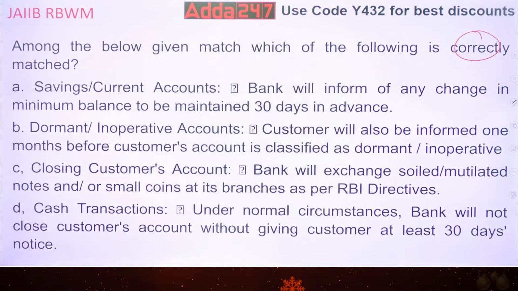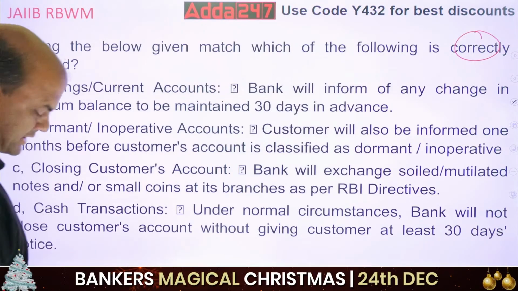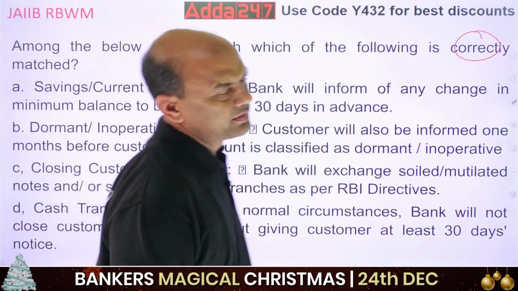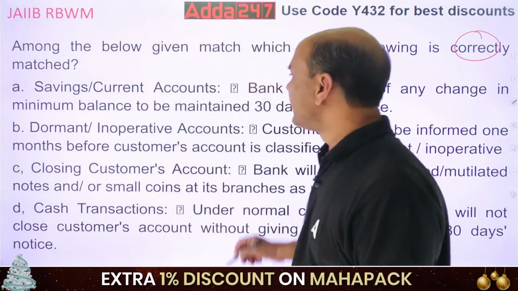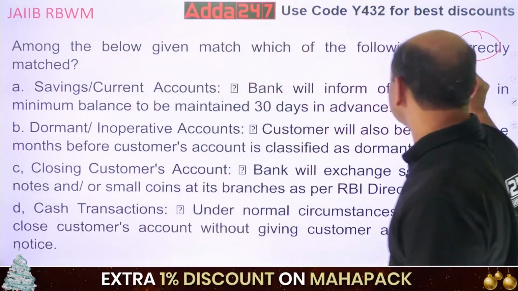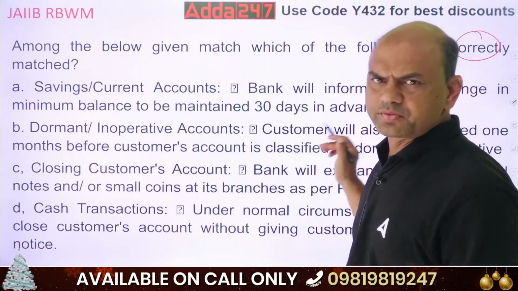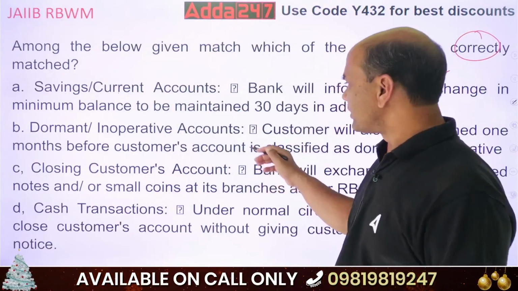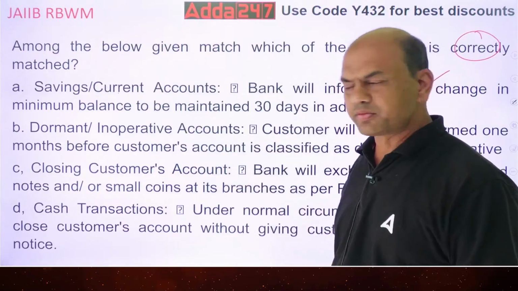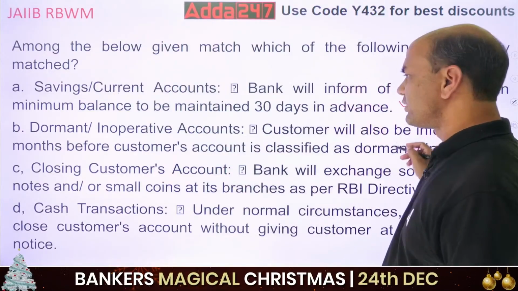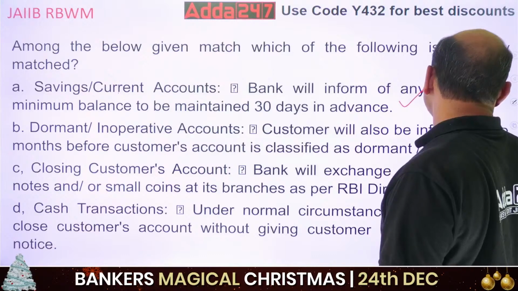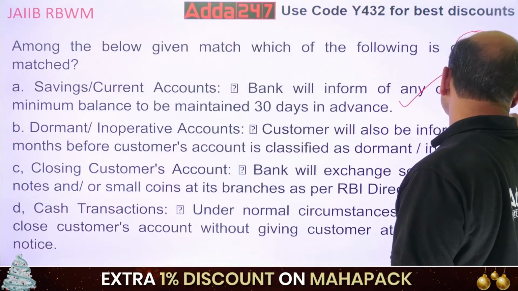What is the answer for this? So the answer for this is, kindly note, A is true. This one is true. 30 days before, you have to inform the client. But what about the dormant, inoperative? What is it given? 1 month. But it is 3 months.